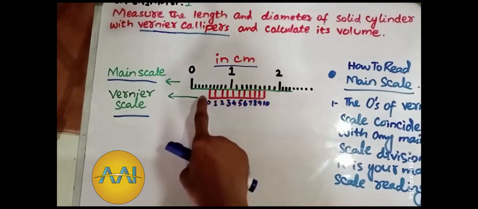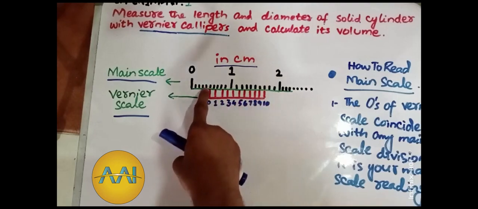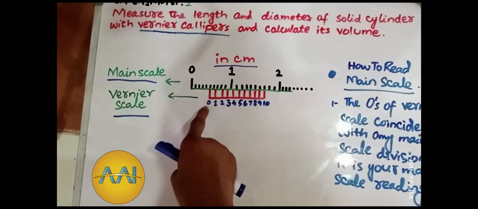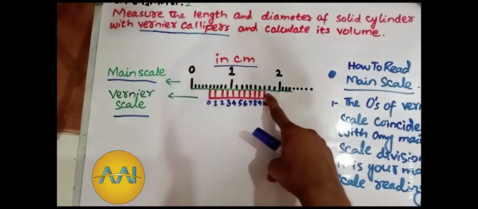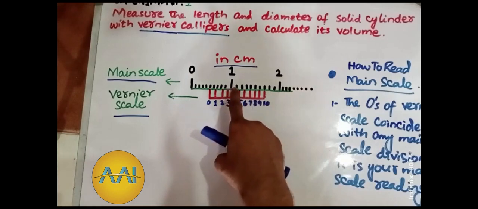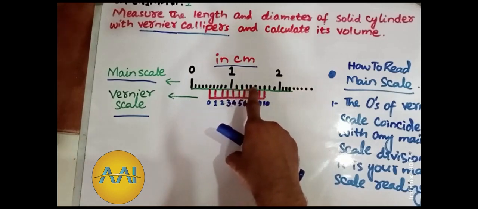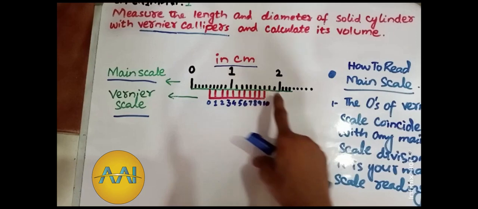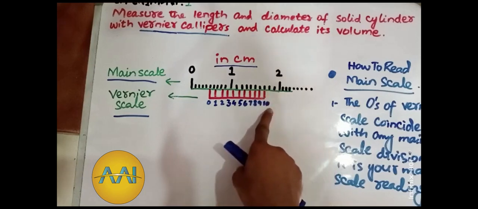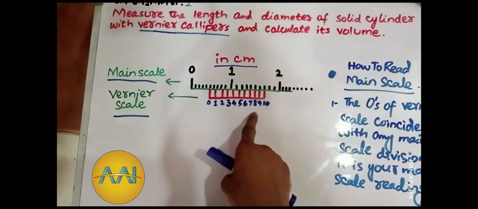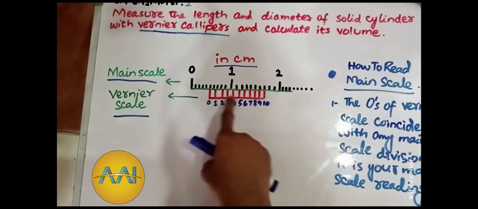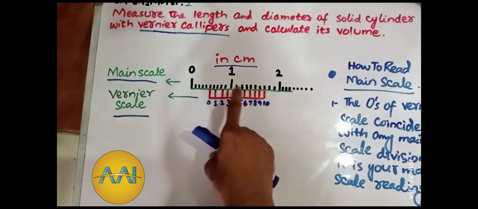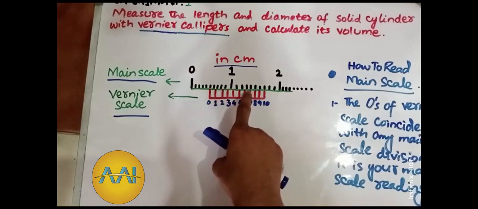Look here, 0.5 is coinciding with 0 of the Vernier scale. At the same time, 1, 1.1, 2, 3, 4, 5, 6, 7, 1.7 is coinciding with 10. In that case, we will consider another division of the Vernier scale which best coincides with the main scale.